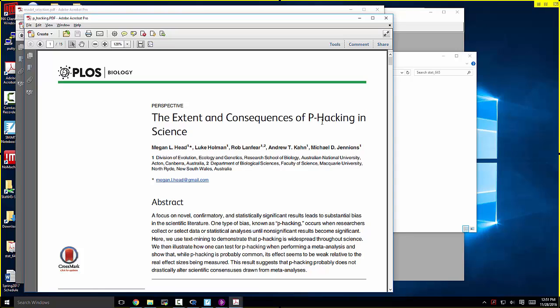This phrase, p-hacking, refers to taking your data and hacking it, manipulating it, looking at it from every different angle until you get the p-value you want. And that is definitely a problem because of this issue and the simulation that we saw.